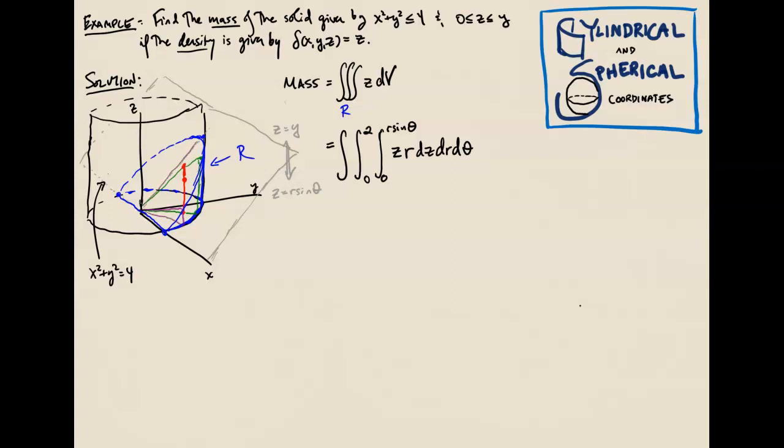And they will grow like that one, and finally they'll get small again over here and disappear again. So as this thing winds around like that, theta is going from 0 to pi, and we will sweep out the entire solid that way. And we now have our iterated integral. And if we compute this thing, we will have the mass we seek.